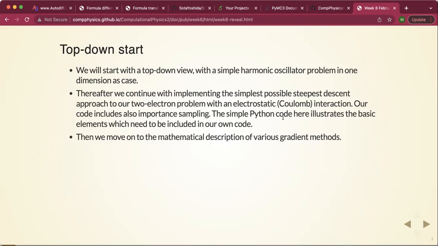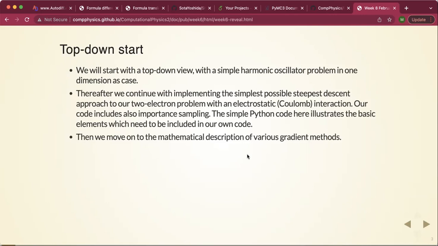So there is a simple Python code in the lectures here, which I'm going to go through first. And then we are going to go back and look more at the mathematics of gradient methods. But from an implementation point of view and the things which we need to have in the code, these examples which you will see now, they contain the essential things which have to be programmed.